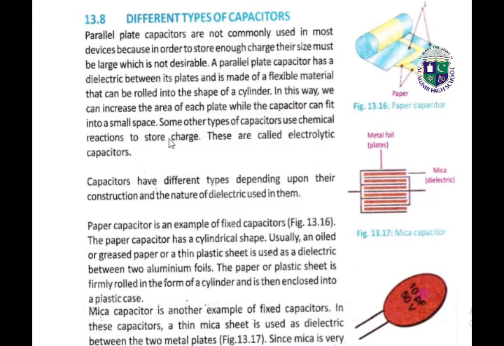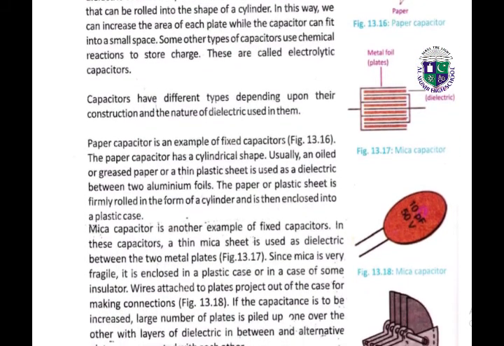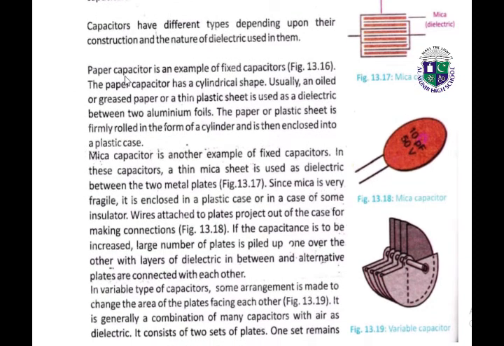This is a very important point, underline it, and these are called electrolytic capacitors. So those that use chemical reactions to store the charge are called electrolytic capacitors. Capacitors have different types depending upon their construction and the nature of dielectric used in them.